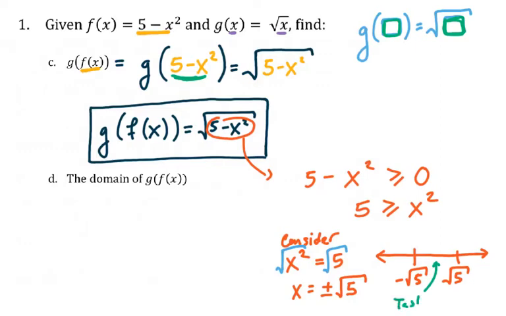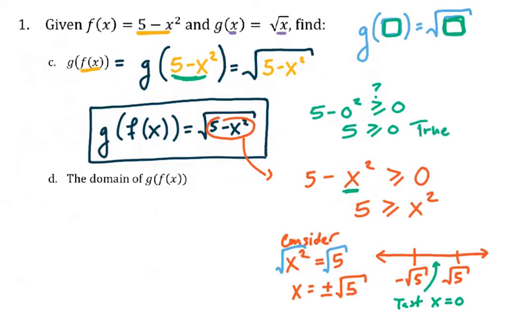So I just test x equals 0 by plugging 0 back into the inequality. So if I plug in 0, I would get 5 minus 0 squared. And I'm asking myself, is it true or false that the left side of the inequality is greater than or equal to 0? So 0 squared is just 0, so my statement becomes 5 is greater than or equal to 0, and that's a true statement.